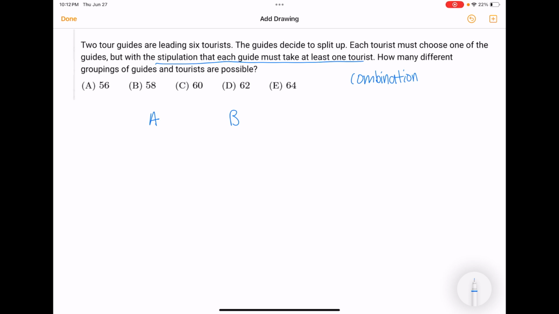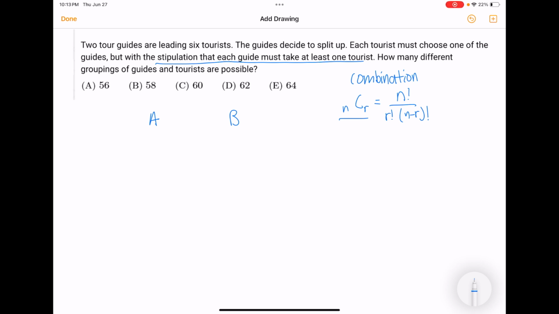And so the formula for that would be this. And so this refers to the selection, so the number of combinations, and then N is the total number of objects. And in this case, we have 6 tourists because that would be the total number of people. And then R refers to the number of chosen objects.